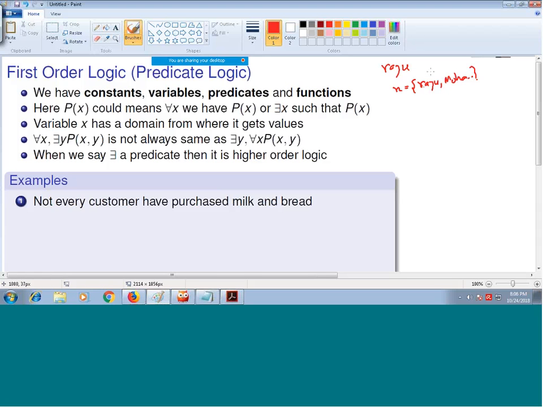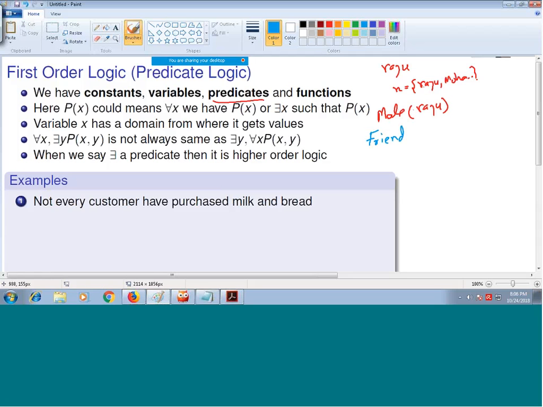And what is a predicate? A predicate is very important, because it tells you whether something is true or false. If I have a predicate such as male, and I say male Raju, it means that Raju is male.